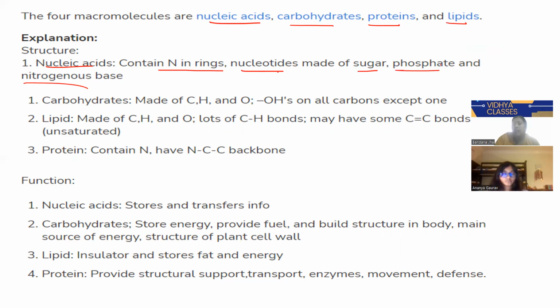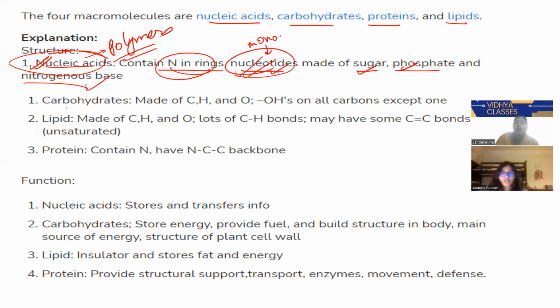The combination of all the nucleotides becomes our nucleic acid. So nucleotides are our monomers, and nucleic acid is our polymer.